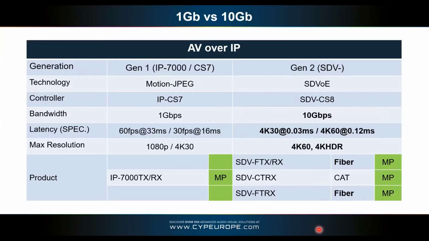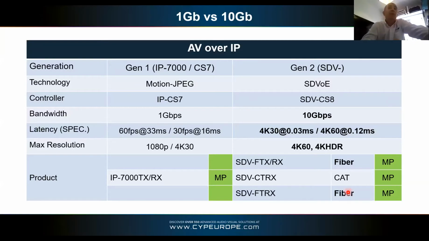I think the thing to remember as well is that, because you've got so much more bandwidth to play with, even at 4K 30 or even 1080p, the overall picture quality from SDVoE improves, and as you get higher up the resolutions and timings, the improvement gets more and more. So it's not only that it's got greater support, but the overall picture quality, especially when you get to 4K, is vastly improved.